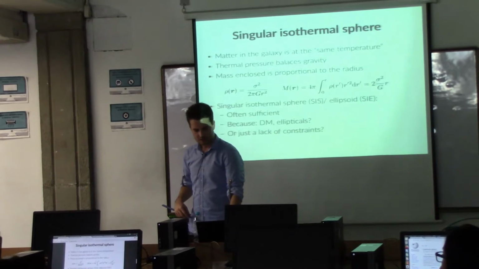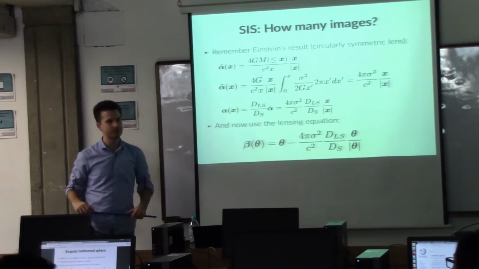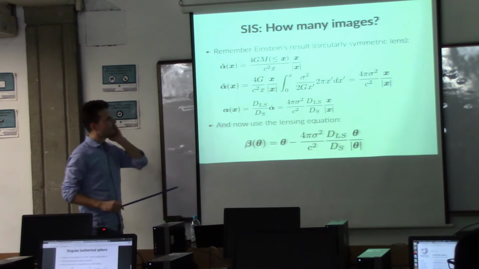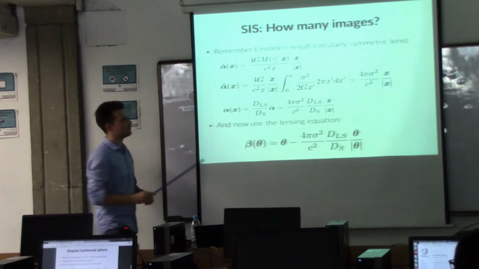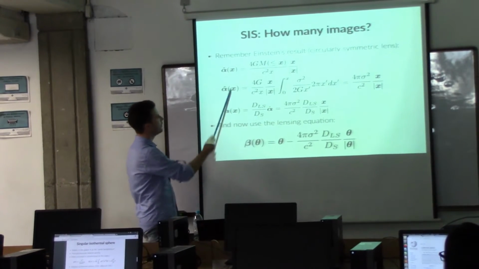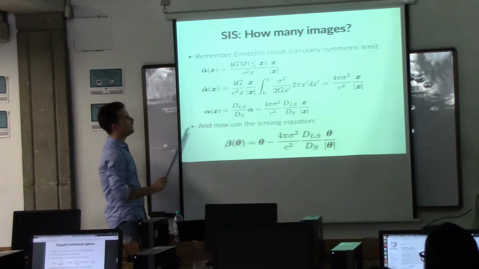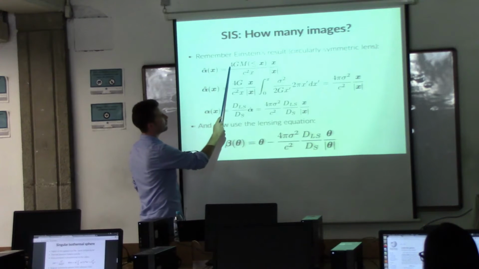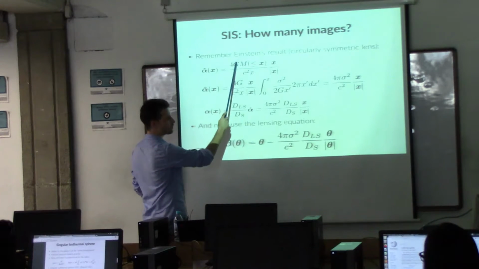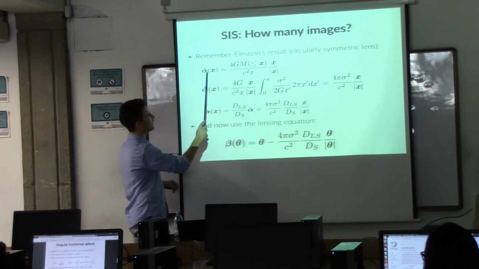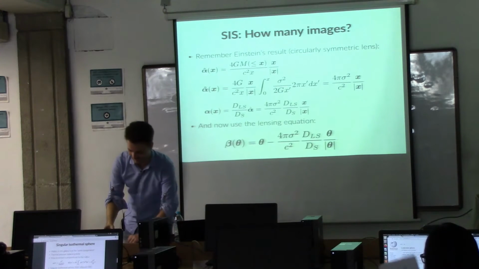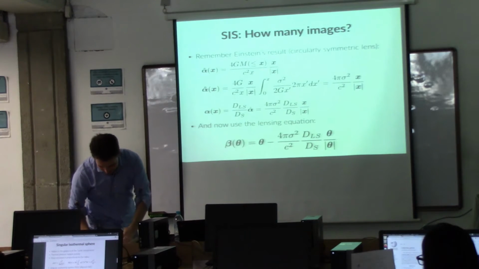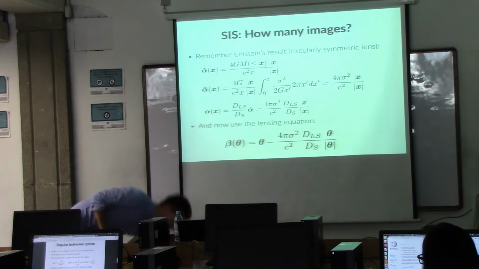Okay, so I'll try to show a lot of equations now, but I'll talk you through them. Yesterday we derived Einstein's result, which is that for a circularly symmetric case, the deflection angle is proportional to the mass enclosed.